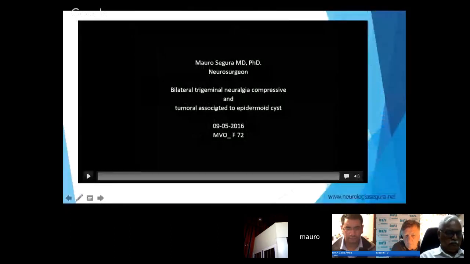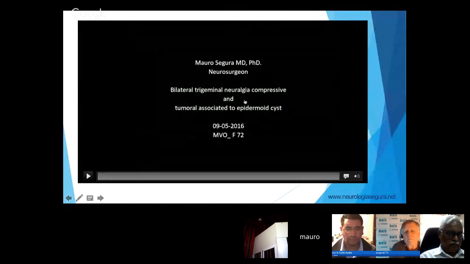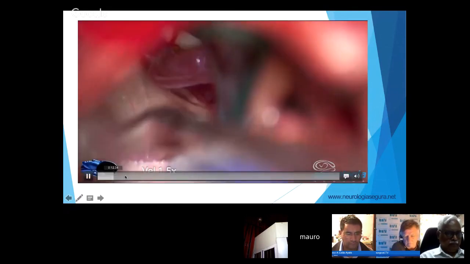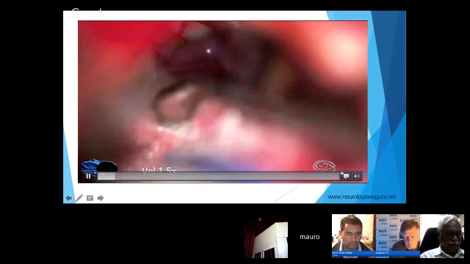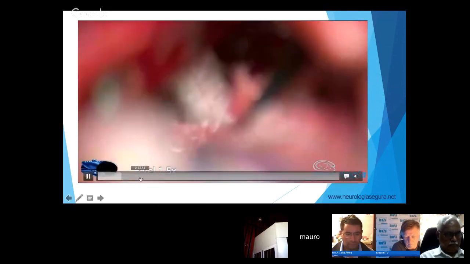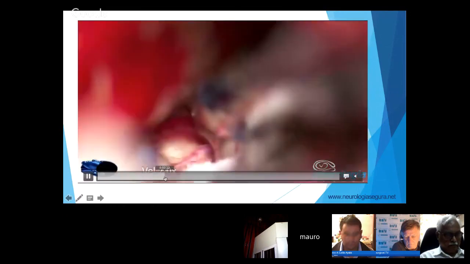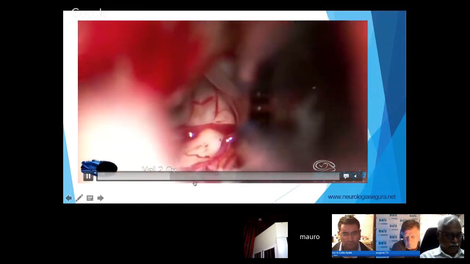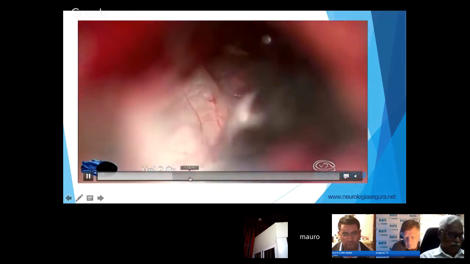This is the case: bilateral trigeminal neuralgia, a compressive case associated with the epidermoid cyst. Again, I will accelerate because of the time, but you can see the brain stem, you can see the trigeminal nerve.